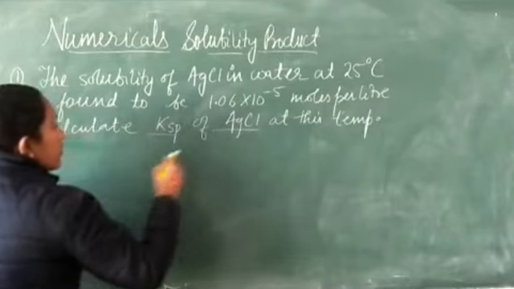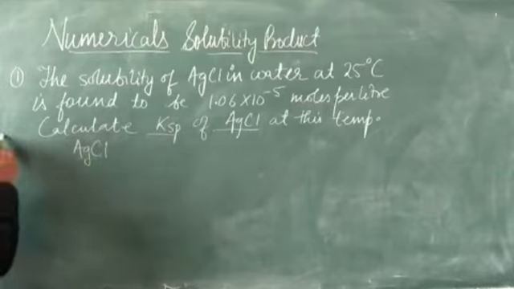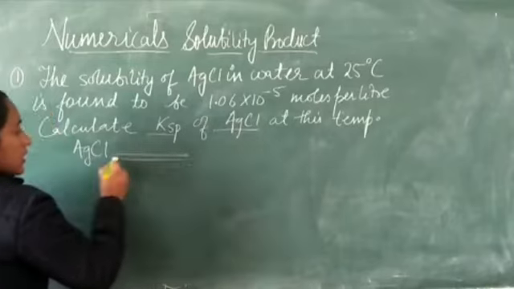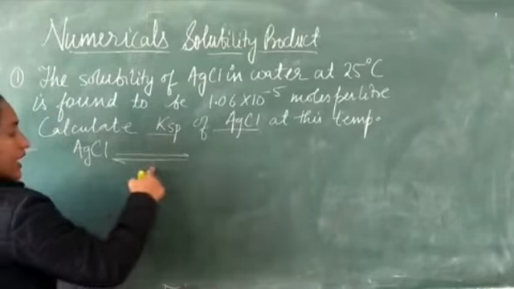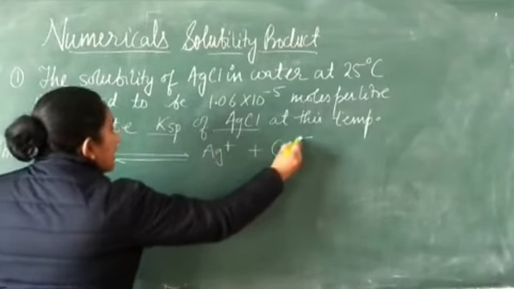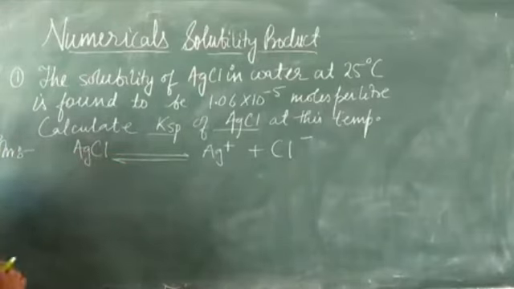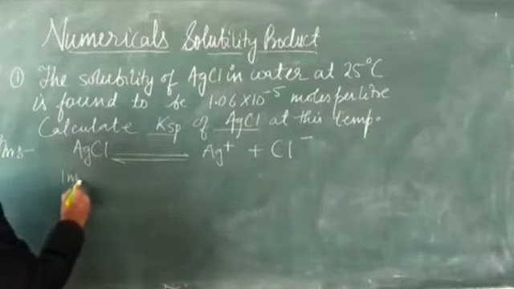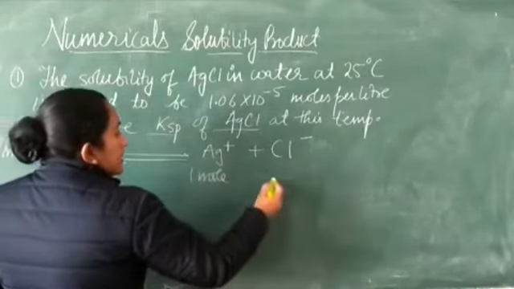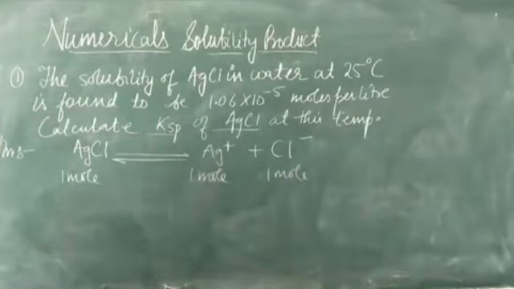First of all, we will write down the equation for the AgCl ionic equilibrium. It will be AgCl giving Ag plus and Cl negative. From this equation it is clear that 1 mole of AgCl gives 1 mole of Ag plus ion and 1 mole of Cl negative ion.